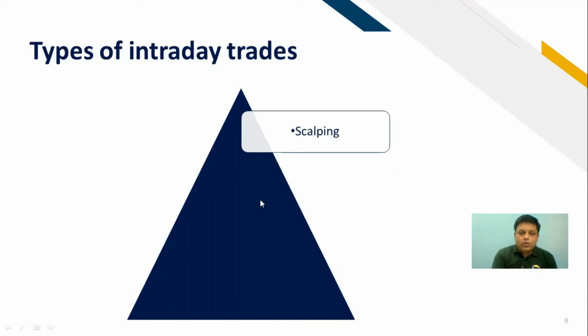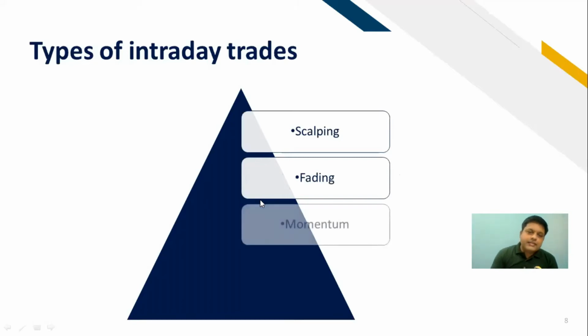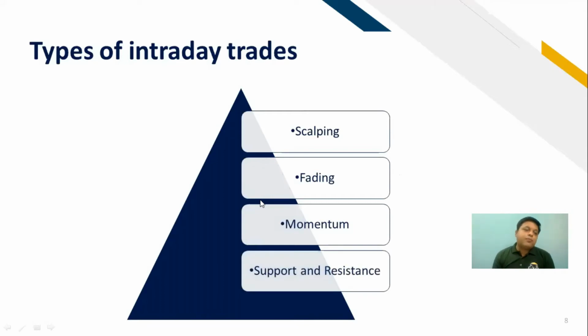Now there is something called fading, there is something called momentum, and there is something called support and resistance, right?